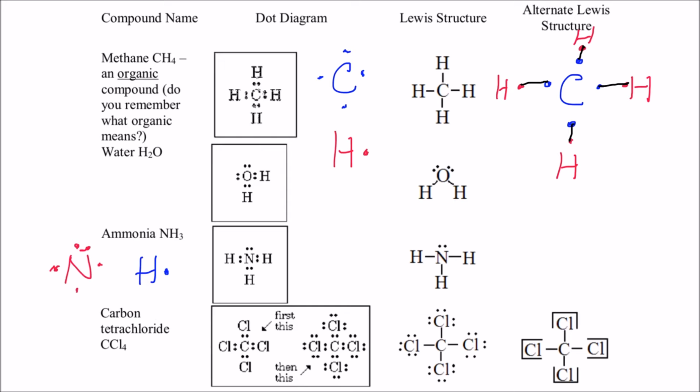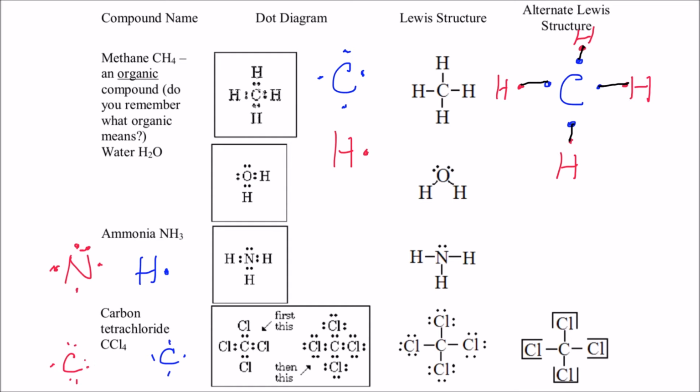Then we have carbon tetrachloride. That means a carbon surrounded by 4 chlorines. Again, carbon has 4 valence electrons. That means there's 4 spots open. Chlorine has 7 valence electrons, so it only has 1 spot where it can bond.